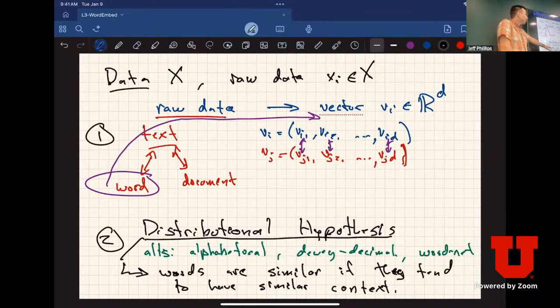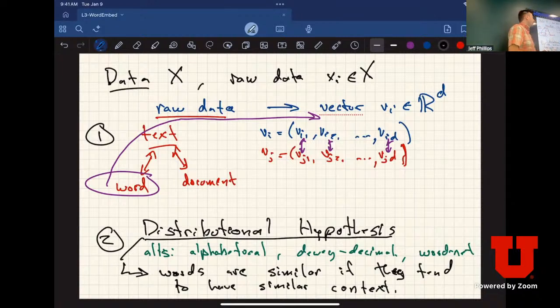And this distributional hypothesis can apply to other contexts as well, like genomics. If two genes appear near each other or in similar contexts, they may have some similarity in function or in how they're represented.